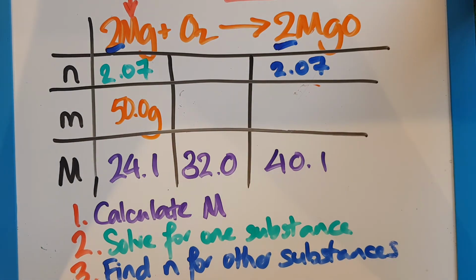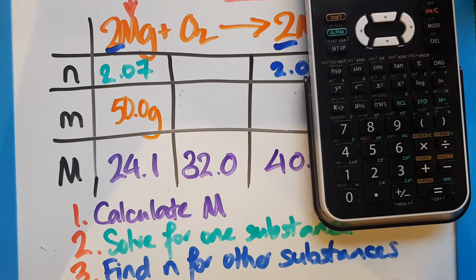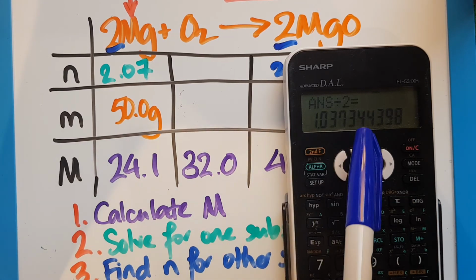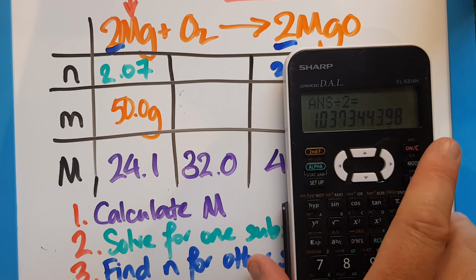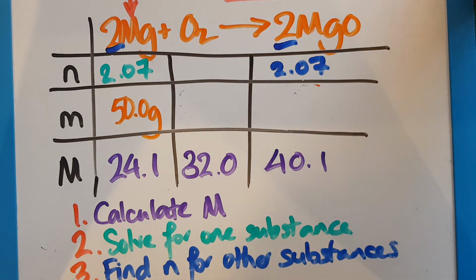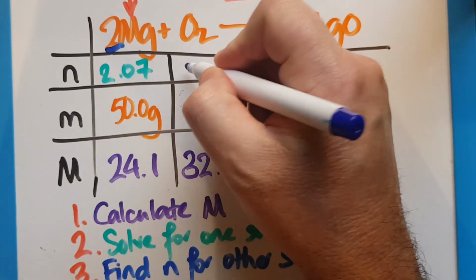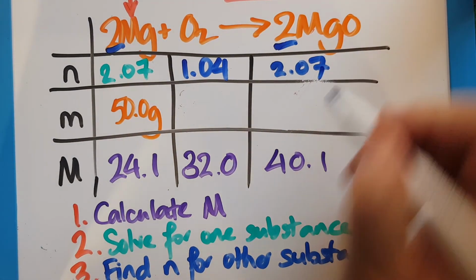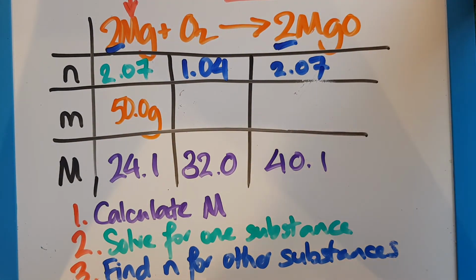So I take my original number in my calculator, which I haven't rounded off, go divided by 2 equals. And I get 1.037, 3 significant figures will be 1.04.